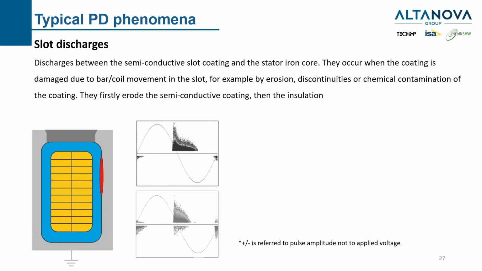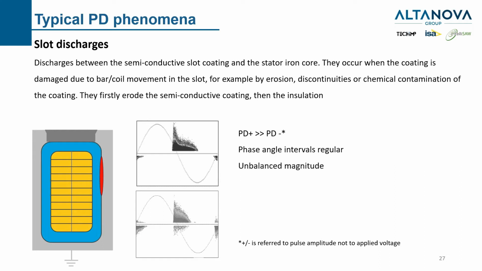On the contrary, when we have slot side discharge, so between the insulation and the stator frame, we have a very clear positive PD pulse majority with respect to the negative PD pulses. We have a quite regular phase angle interval.